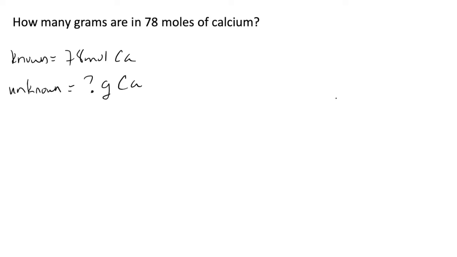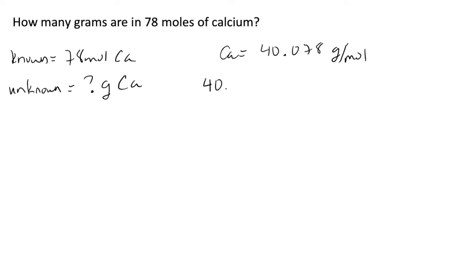And since calcium is by itself, the atomic mass that's listed on a periodic table is the mass per 1 mole of calcium. So calcium has a molar mass of 40.078 grams per mole. Now we can write this in 2 ways.